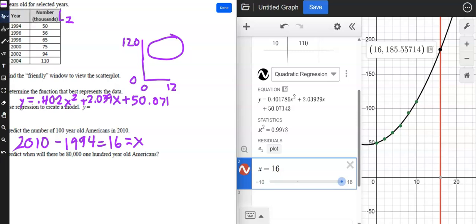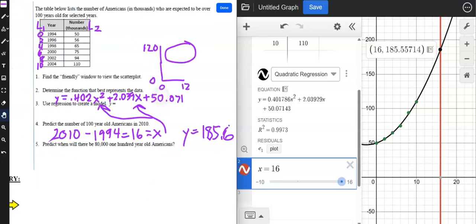If I stick in 16 for the x values here, then I am going to spit out a y value of 185,000. We'll just go with 185.6 thousand 100-year-olds, based on the model.